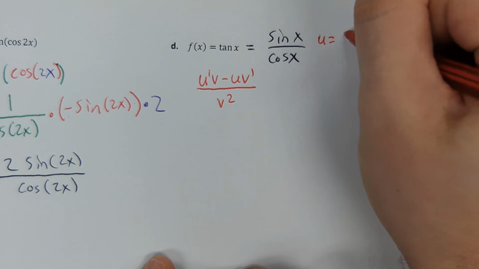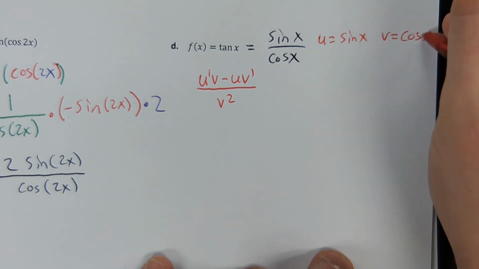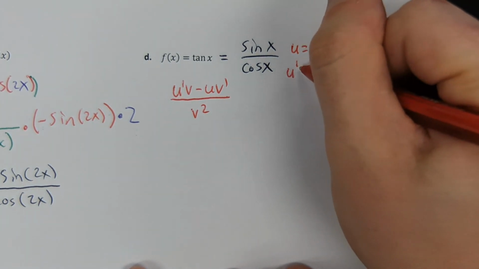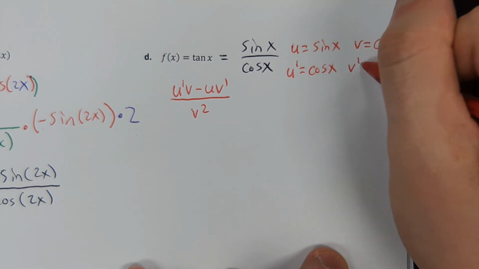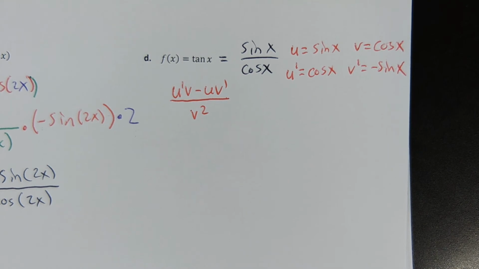U is sine x, v is cos x. U prime is cosine x, v prime is negative sine x. Suck it in, math. Gotta get skinny.